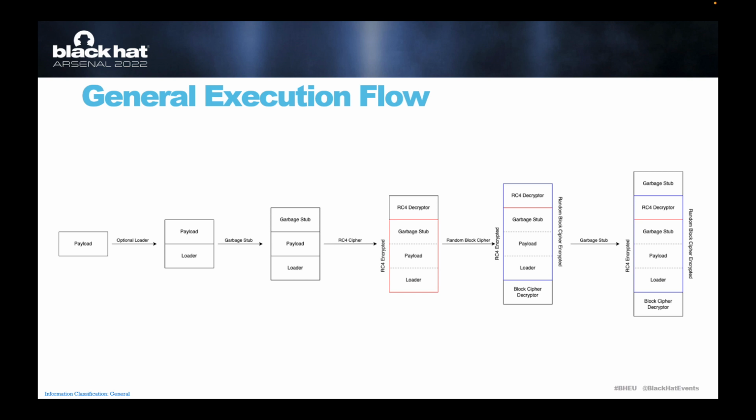Finally, it adds garbage instructions to the resulting block. That final block is directly saved to disk without putting it into a loader or injector executable. Therefore, the output file is a raw shellcode file which contains the encrypted payload, decryptors, and the loader.